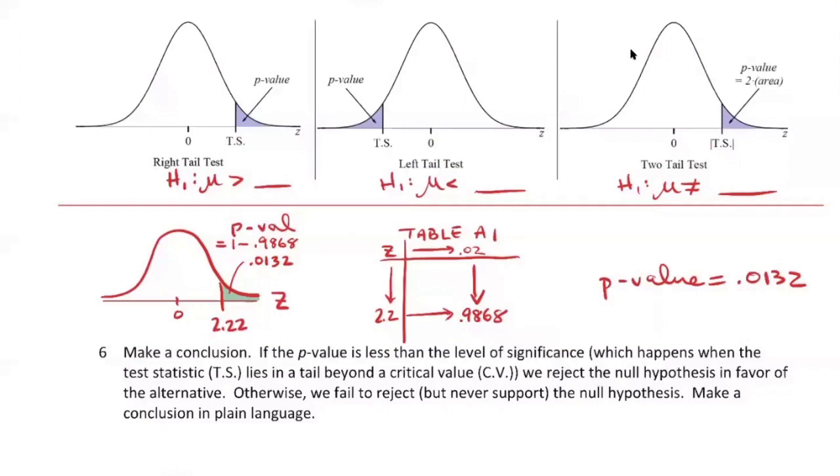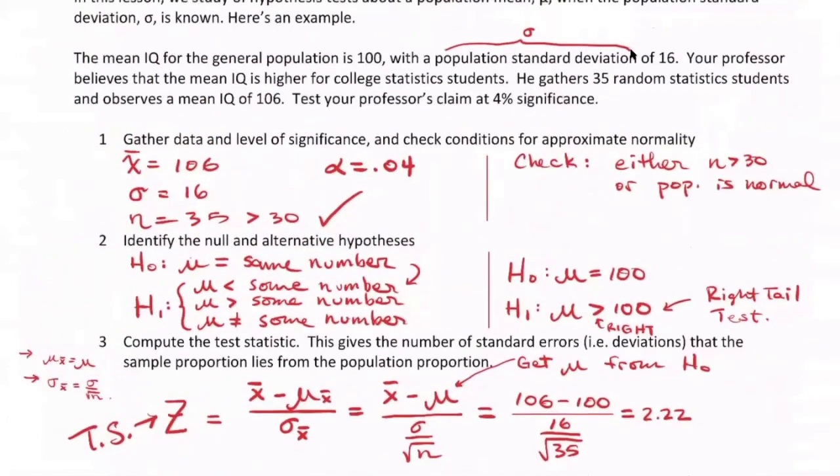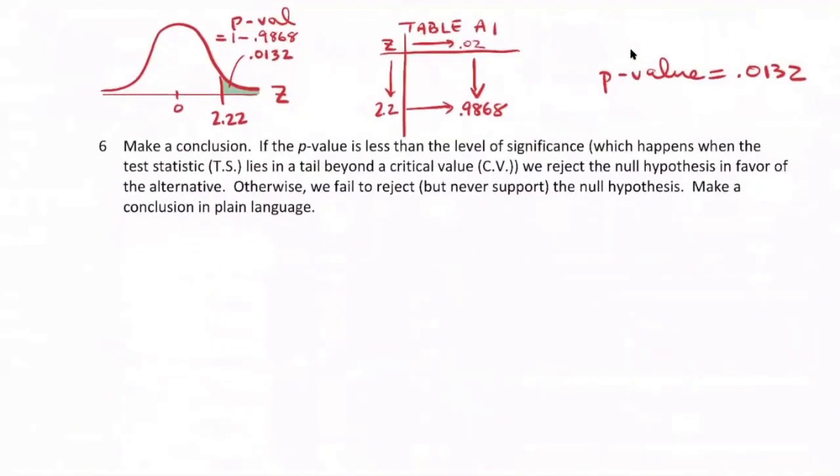I don't remember what the alpha value was, so I'm going back up. Yeah, it was 4%, 0.04 for alpha. And that's the critical part. So the p-value, 0.0132, is less than 0.04, which is alpha.